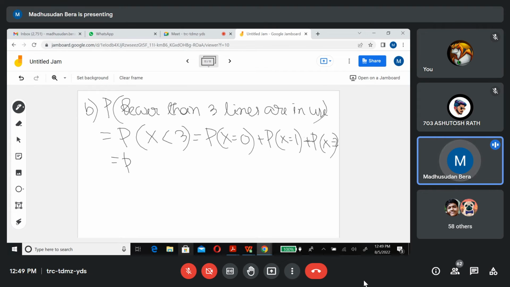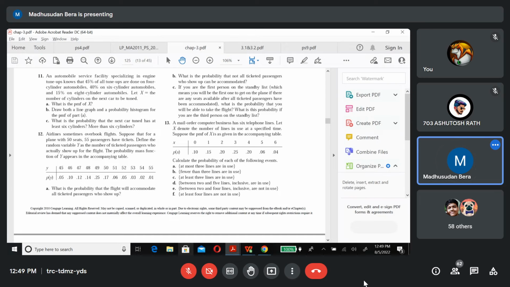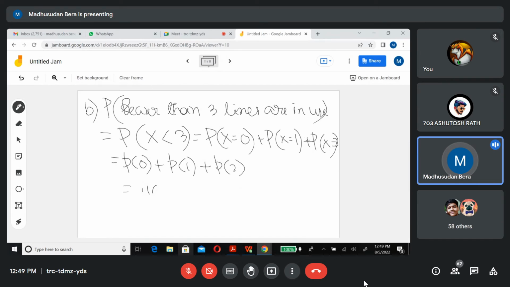So p0, p1, p2. The values are given there: 0.10, 0.15, 0.20. You add all the things.